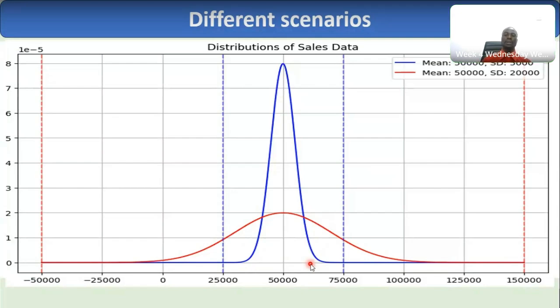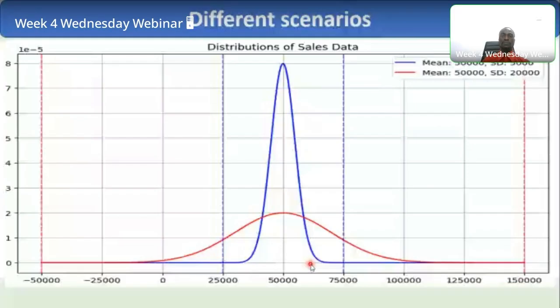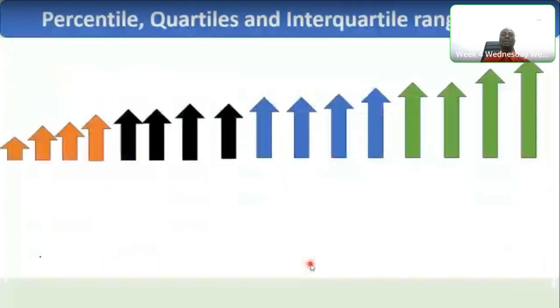Now, let's look at other examples of measures of dispersion. At this point, we are going to be looking at percentile, quartiles, and the interquartile range.